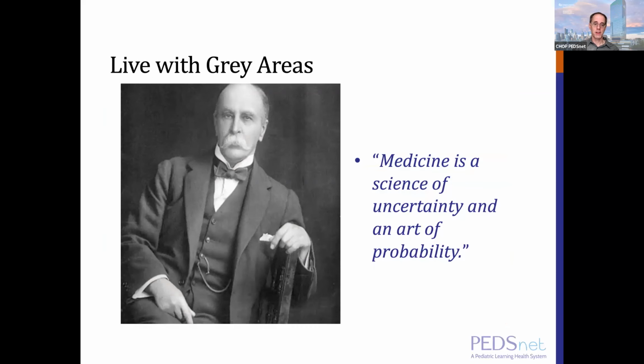And finally, what we need to remember is, no matter how we do this, because of the vast complexity of us as people, of healthcare deliveries, medicine is always going to be an uncertain science, right? So I'm giving this lecture in Philadelphia, one of whose adopted medical great-grandfathers or dead white males is William Osler, to whom is attributed the quotation, "Medicine is a science of uncertainty and an art of probability."